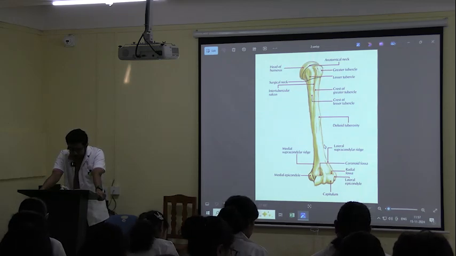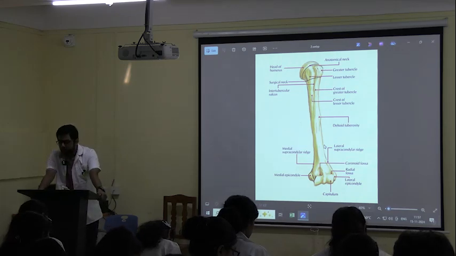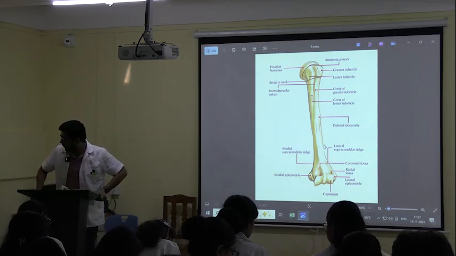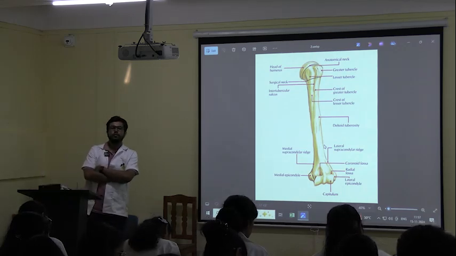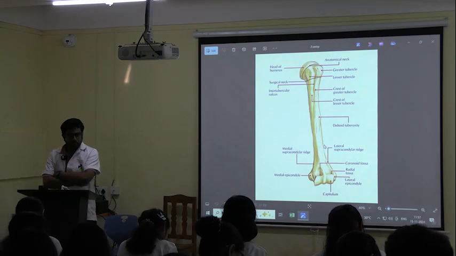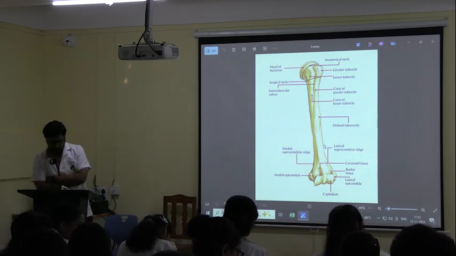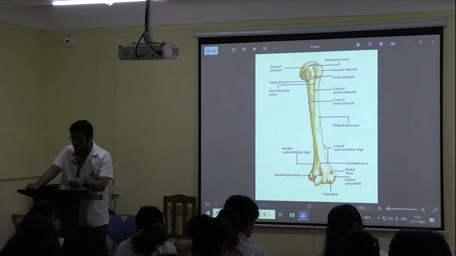Anterior and medial, very good. And anterolateral, and one is posterior surface. The posterior surface is between... ठीक है लिखा.